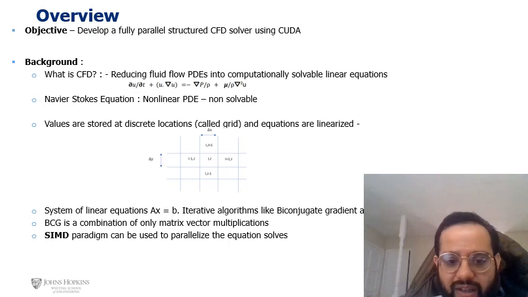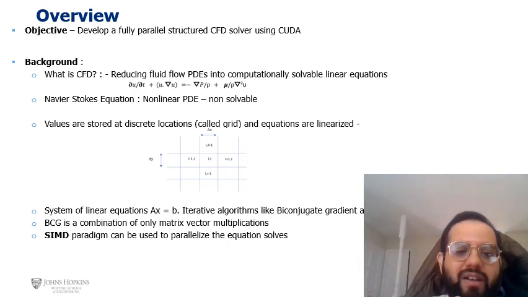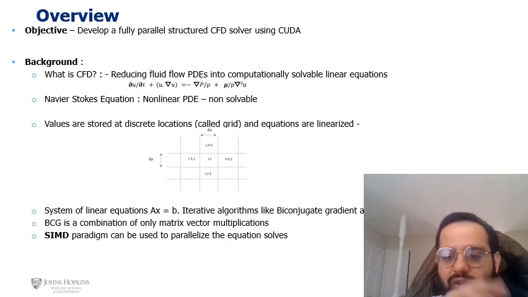So for example, at this particular point we index it as i, j. The point next to it in the x direction is called i plus 1, j. The point above it is j plus 1. So we discretize the domain into geometric discrete points, and then we use these points to linearize the partial differential equation. And once we linearize it, it is basically just a set of linear equations.